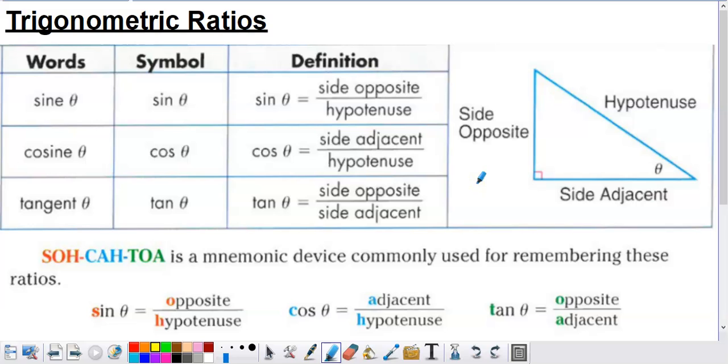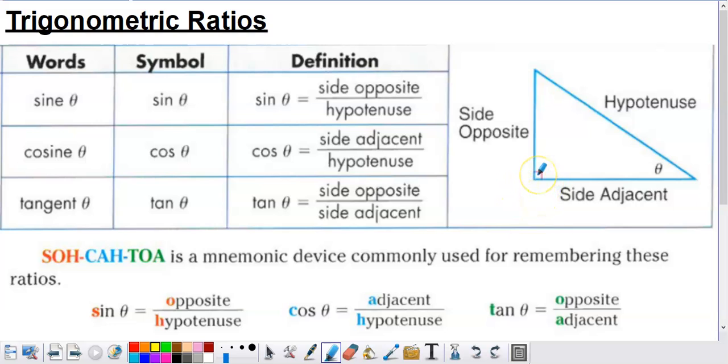There are some tricks that you can eventually do to allow you to do some work involving these ratios with non-right triangles, but that's a little further off in the distance. So when you're computing trigonometric ratios, you're only going to be able to apply them to right triangles.